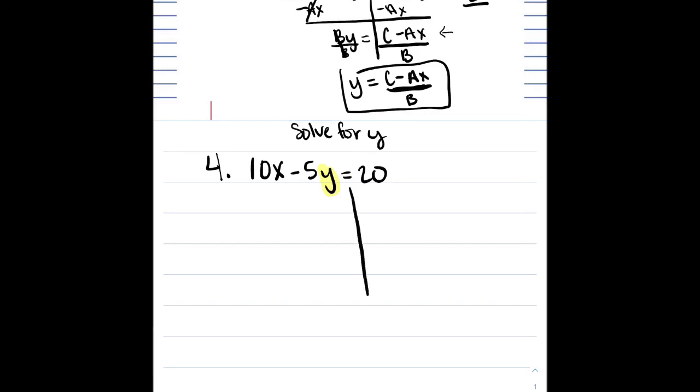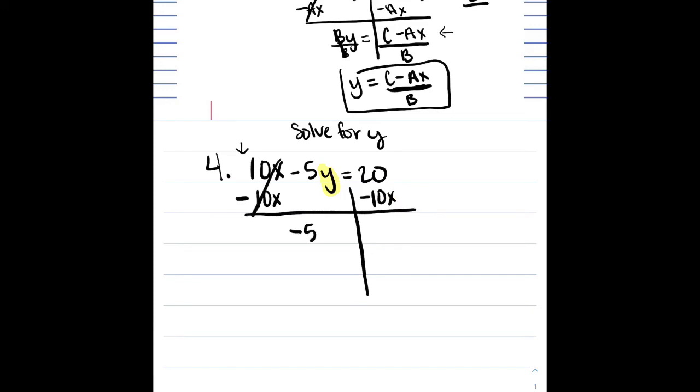So I'm going to kind of cover up my 5y and look at the things I have left. Well, on this side of the equation, I draw my line. I don't have parentheses, I can't distribute. I don't have like terms on either side to combine. So when I cover up 5y, all I'm left with is this 10x. And this is a positive 10x. I don't see a negative sign here, so it's positive. To undo something positive, I need to subtract.